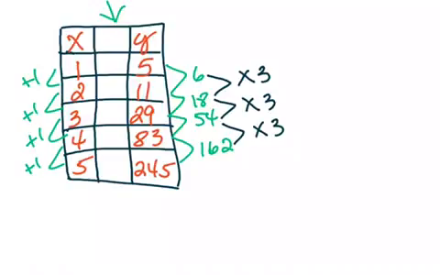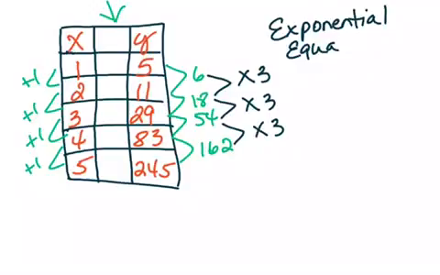So in this case, we have what we call an exponential function, equation, whatever. And it looks like this. It's y equals a to the x, and a is the base.